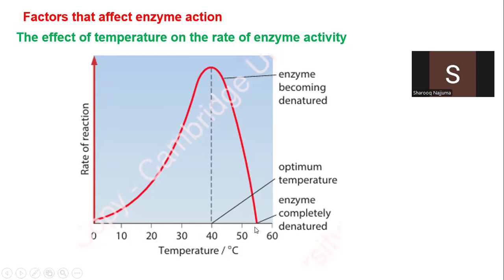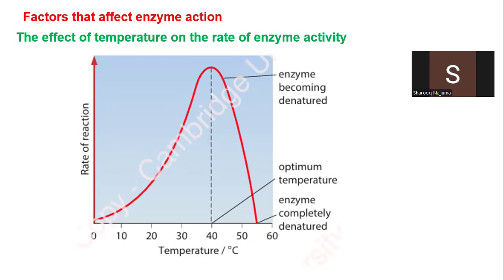So in this case, all the enzymes have been denatured, meaning the shape of the active site has been lost. Substrate cannot bind to the active site. No reaction is going to occur. So that is how temperature affects the rates of enzyme activity.